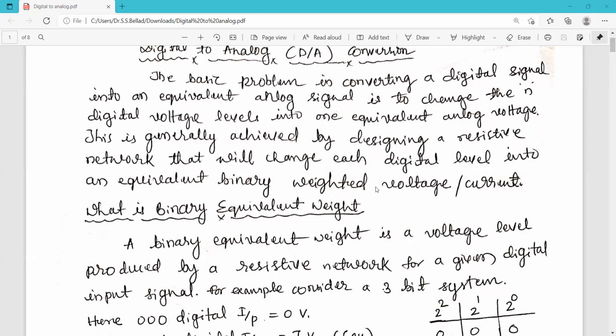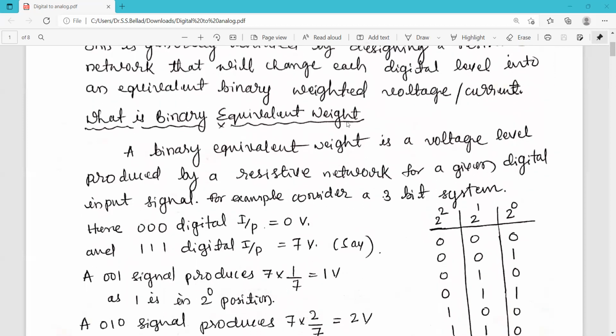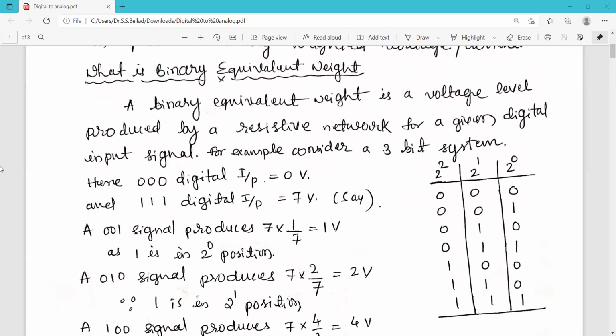This binary weighted voltage is sometimes called the binary equivalent weight. We'll see what this binary equivalent weight is. A binary equivalent weight is a voltage level produced by a resistor network for a given digital input signal.